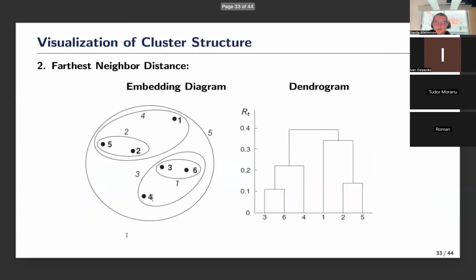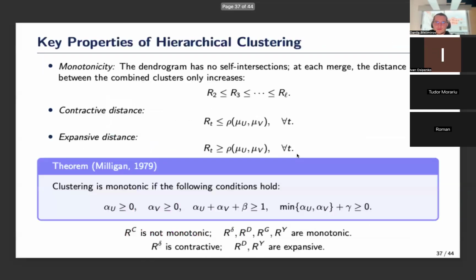So for example, the difference between clusters is increasing here, and here it is not. So there is contractive distance and expansive distance, when we have less and more.